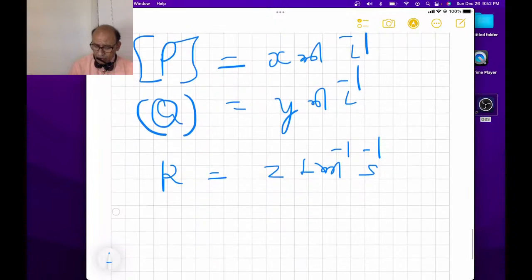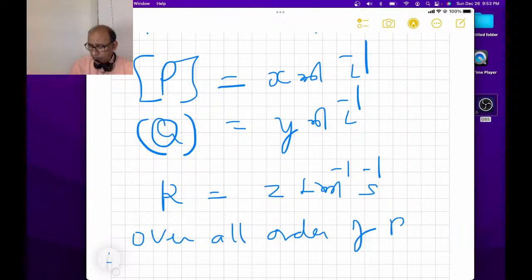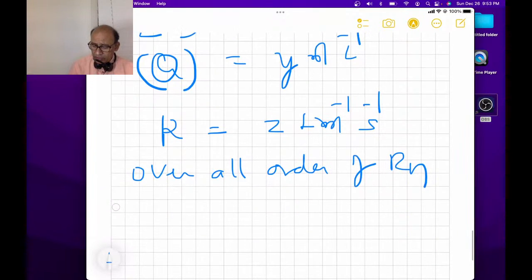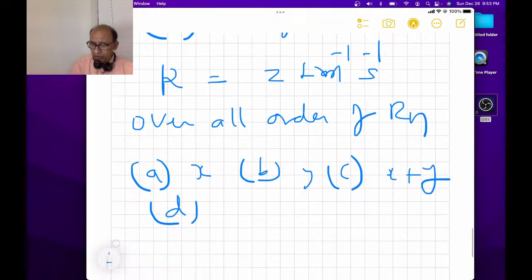And now the overall order of reaction is, the first option is X, second option is Y, third option is X plus Y, and the fourth option is 2. What is your answer, sir?